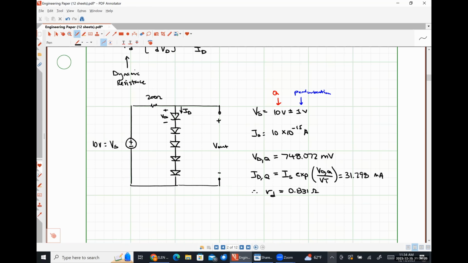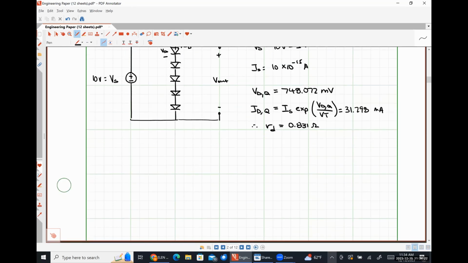So effectively, we're treating it like we had this 10-volt source in series with a small signal voltage source, and when we do our small signal analysis, we turn off the large signal source. This is something that we're going to do a whole heck of a lot in this class when we get to our transistor circuits.